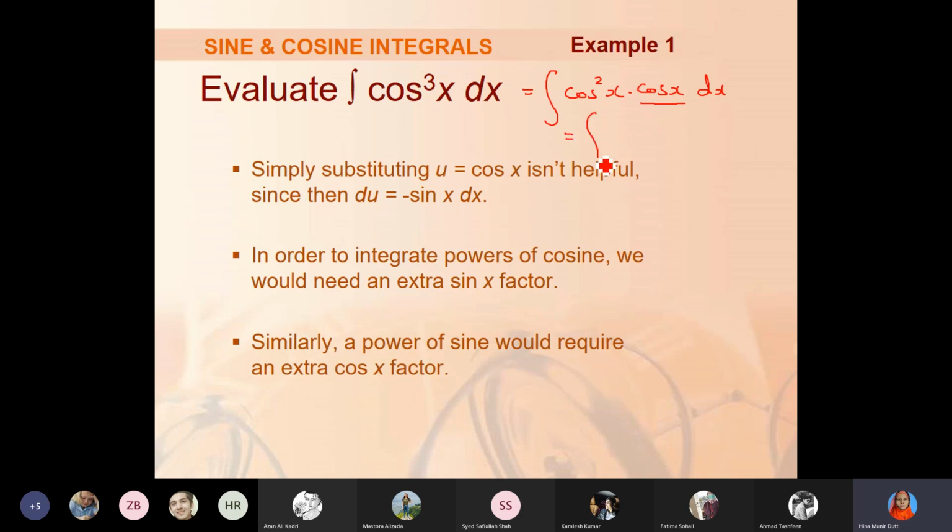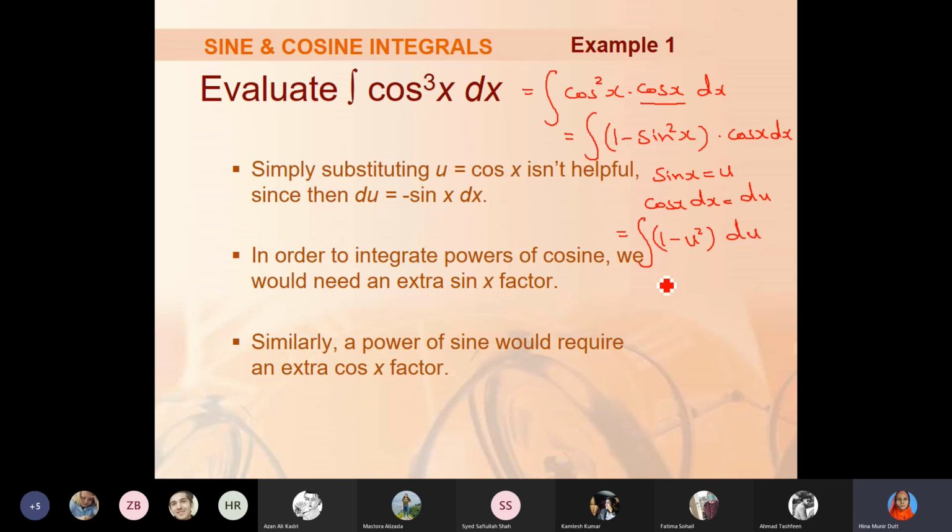So I will make use of the identity 1 minus sine squared x, which is cos squared x, into cos x dx. Now if I substitute sine x equal to u, then its derivative cos x dx is equal to du. My integrand becomes 1 minus u squared into du.